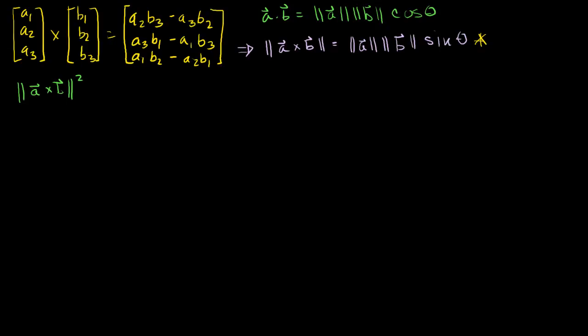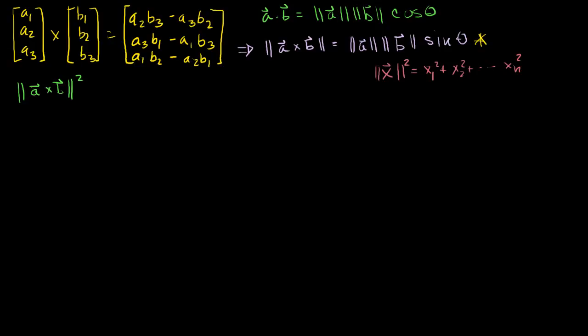And we saw in many videos that if I have some arbitrary vector and I take its length squared, that's just equal to that vector dotted with itself, or the square of each of its terms summed up, all the way to xn squared. So what will this be equal to? Well, we only have 3 components, so it's equal to the sum of the squares of each of these components.